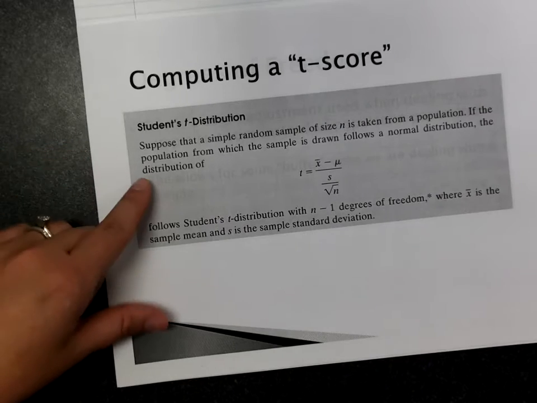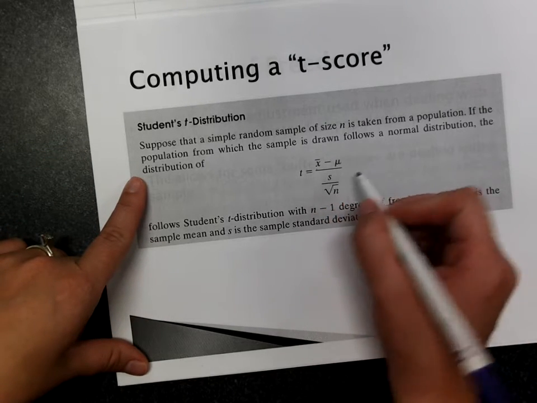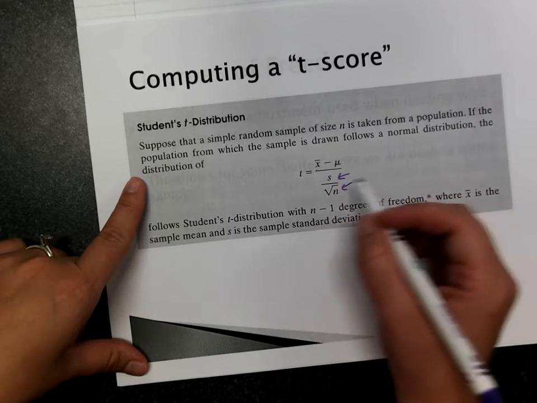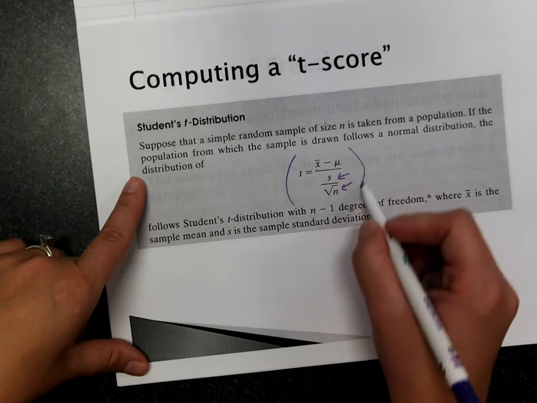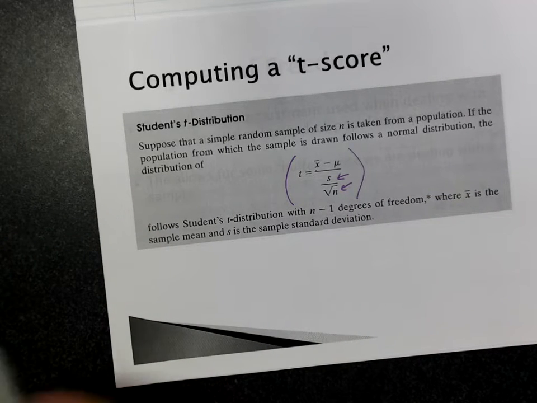The book talks about how to calculate a t-score. You take your x bar minus your mu, you use your sample standard deviation, and divide by the square root of n. I don't recall needing this particular formula. It is on your formula sheet.